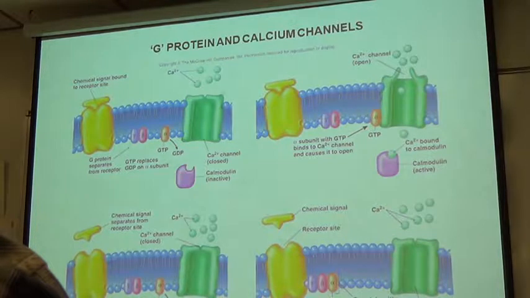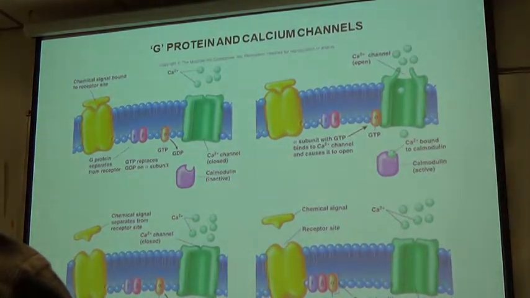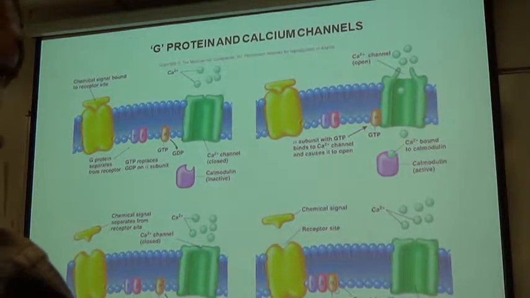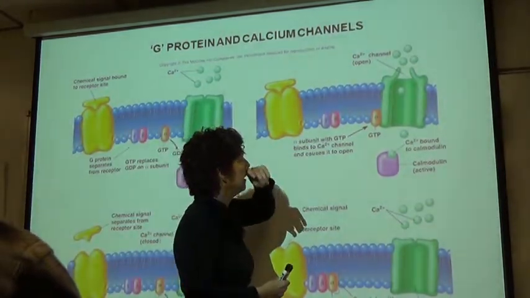And you're used to, from muscle physiology, how calcium released from the sarcoplasmic reticulum binds to troponin in a muscle cell and causes that to come off of the myosin, the actin complex, and allow myosin and actin to bind together. All right? So this is the plasma membrane calcium channel, shown here.